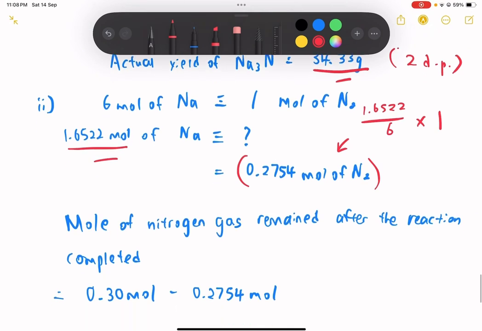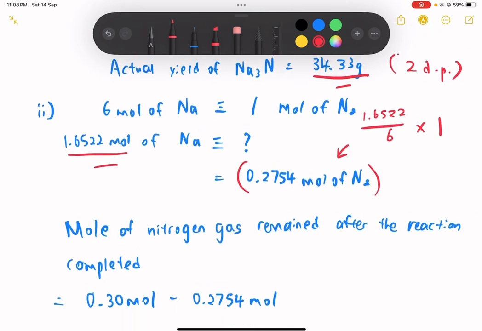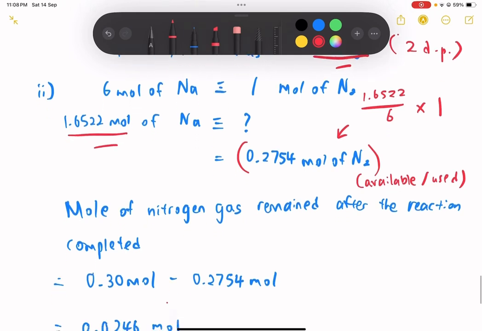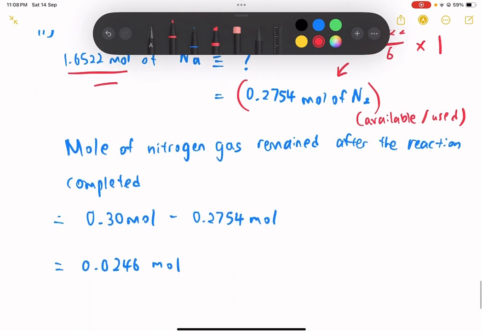Okay, so this one is what we used. So to find the mole of nitrogen gas remaining after the reaction completed is equal to 0.30 mole minus 0.2754 mole, and we get the final answer 0.0246 mole.